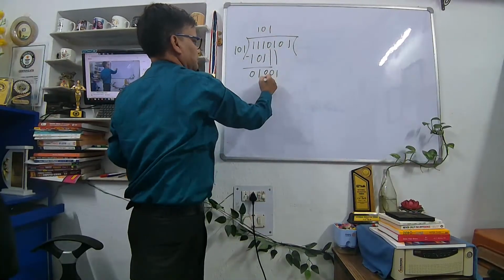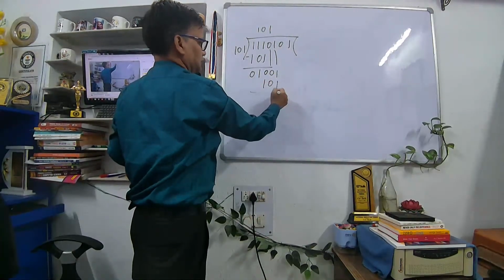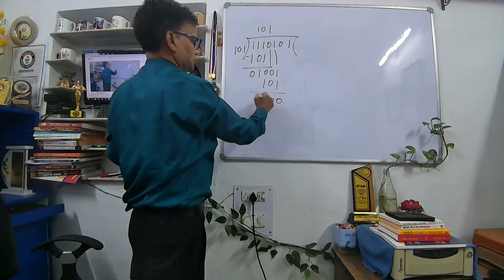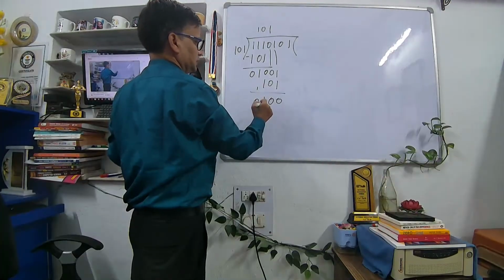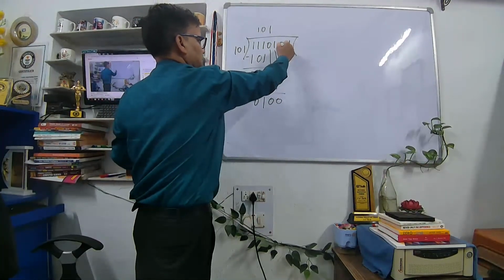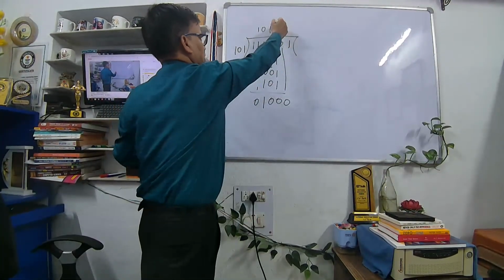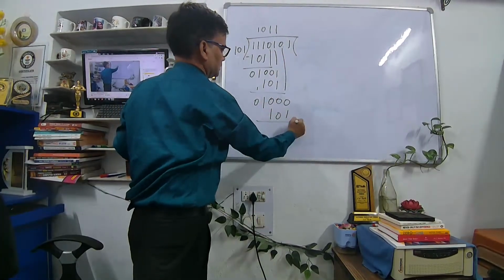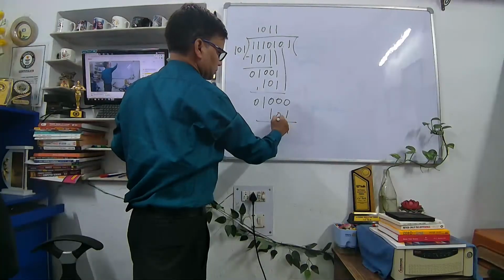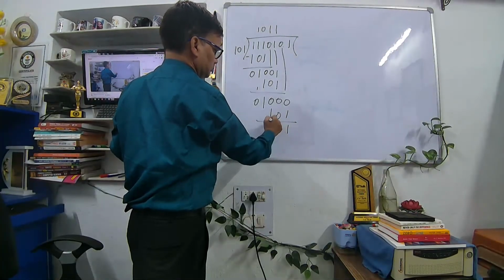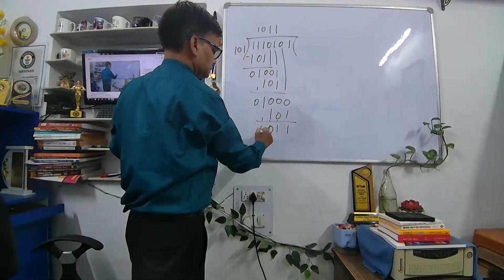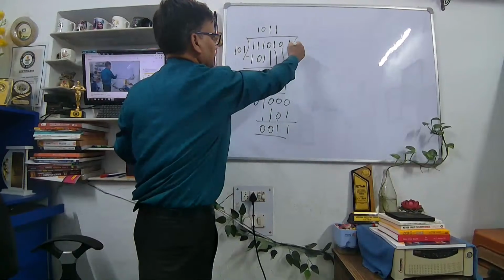It will go 1 times 1 0 1. 1 minus 1 is 0, 0 minus 0 is 0, 0 minus 1 is 1 with a borrow 1, so it is 0. Right? Now comes 0. It will go 1 times, so it is 1 0 1. 0 minus 1 is 1 with a borrow 1, 0 minus 1 is 1 with a borrow of 1, 0 minus 1 is 1 with a borrow 1, and 1 minus 1 is 0. 1 minus 1 is 0. This is there. Again comes 1.